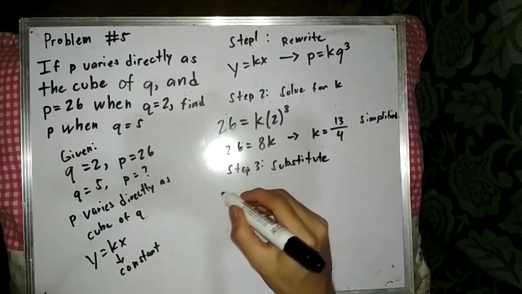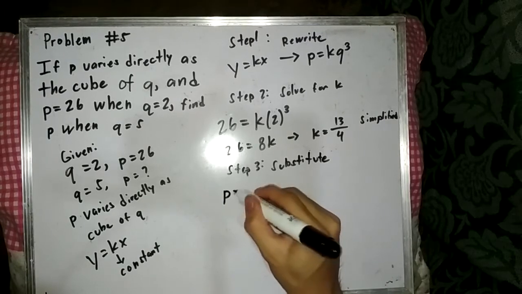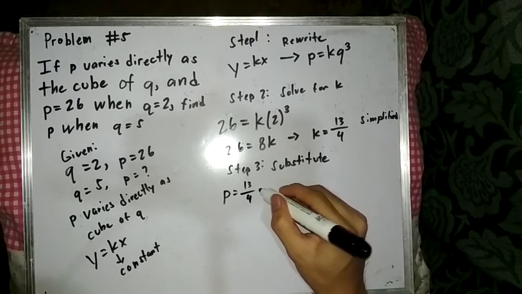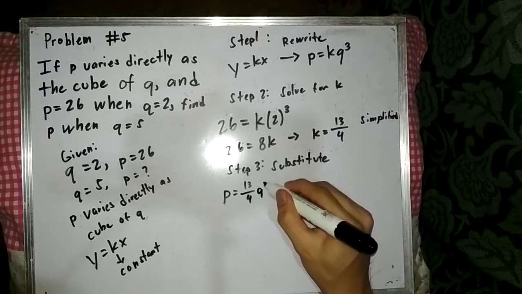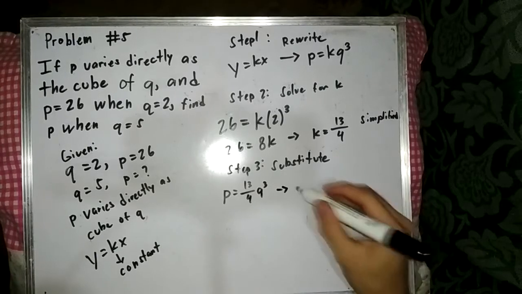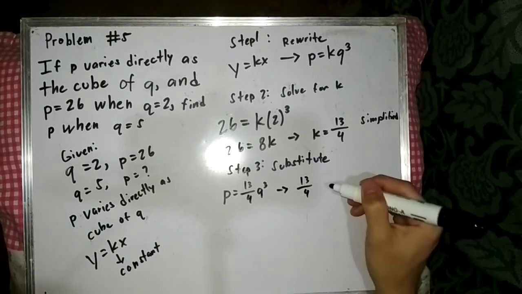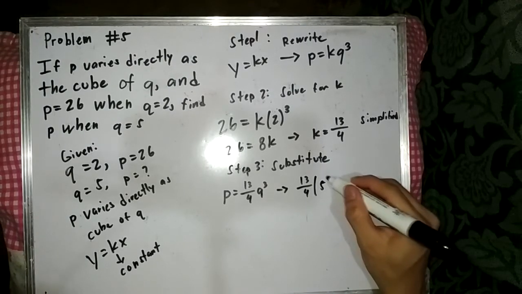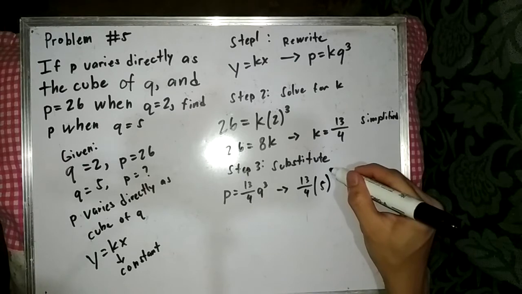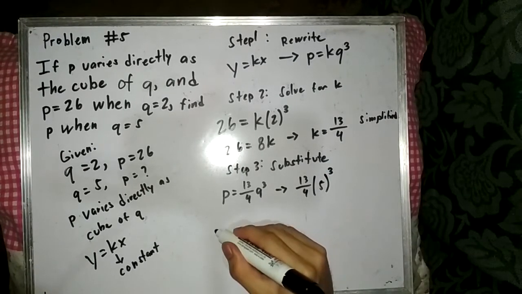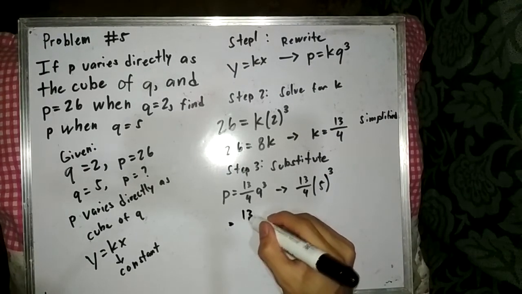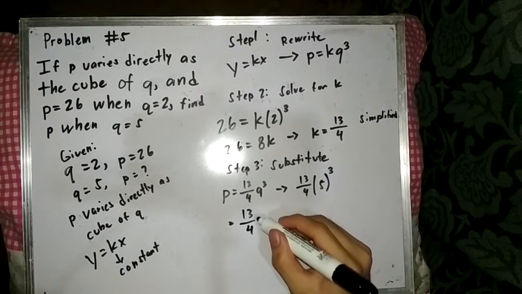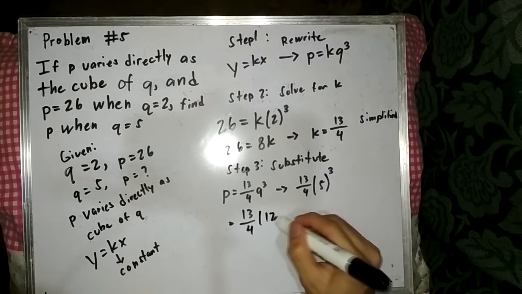So, using the formula, p is equal to 13 over 4 q raised to the cube, which is then 13 over 4 times 5 raised to the power of cube. 5 cubed is equal to 125.